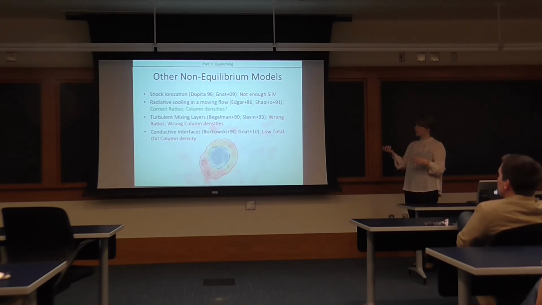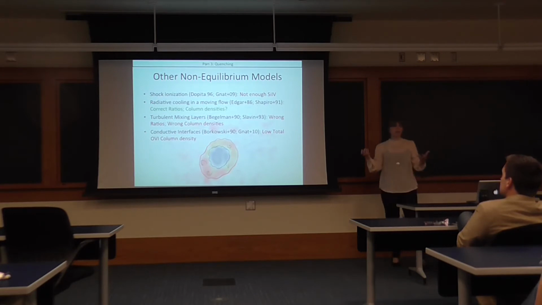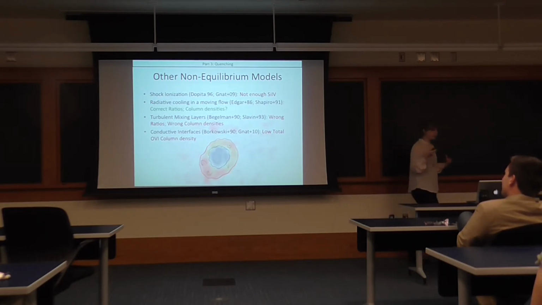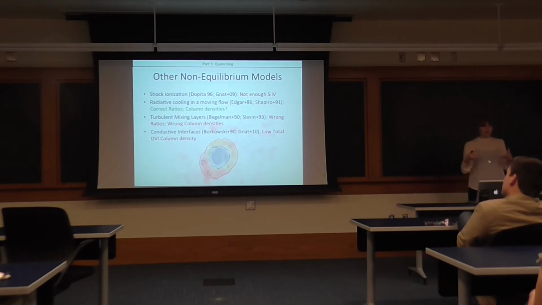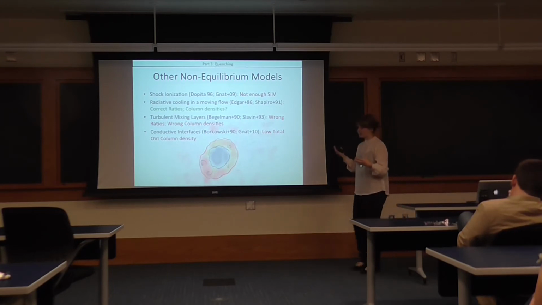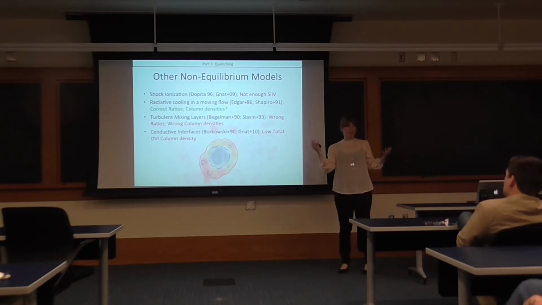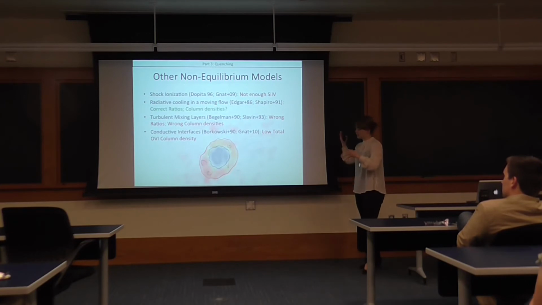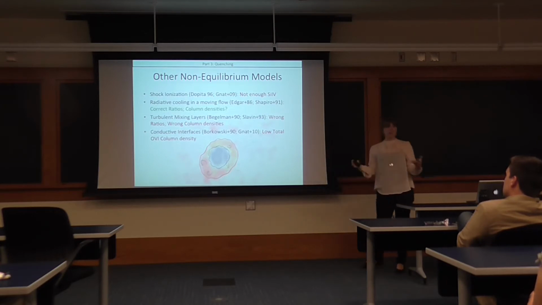The only one that remains from these weirdo non-equilibrium models is this radiative cooling flow model. This is a gas flow moving within the halo of a galaxy. It's either maybe accreting or moving out of the galaxy, and there's collisional ionization going on in this gas, and then the hot upstream component is sort of self-photoionizing this other component of the gas and producing the gas in just the right ratios.